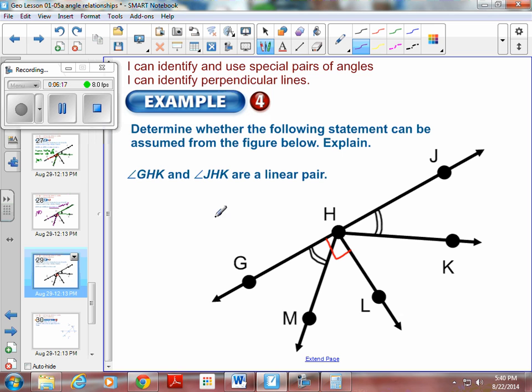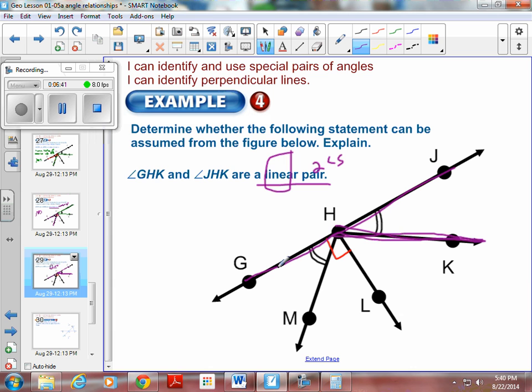Okay, GHK, G to H to K, over there, and J to H to K. Are they a linear pair? Well, linear pair means that a pair of angles, two angles, form a line.